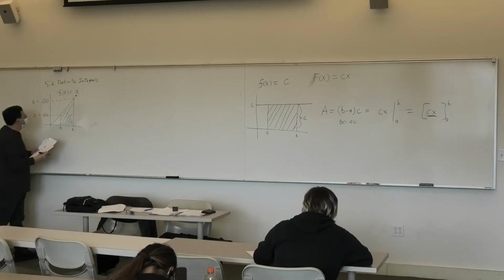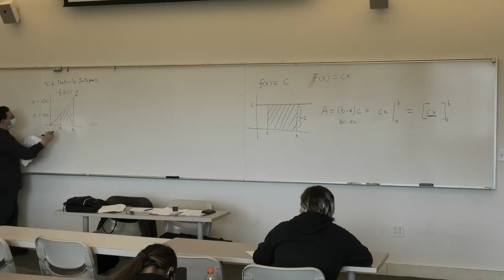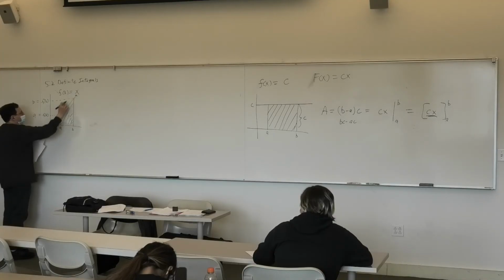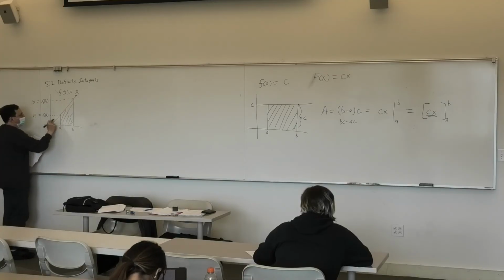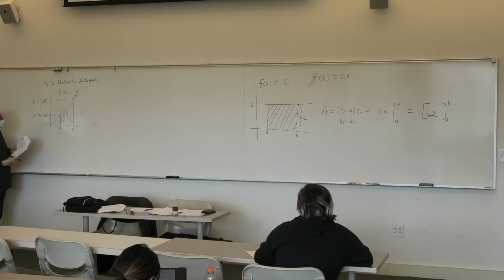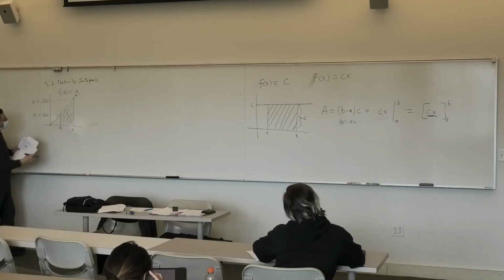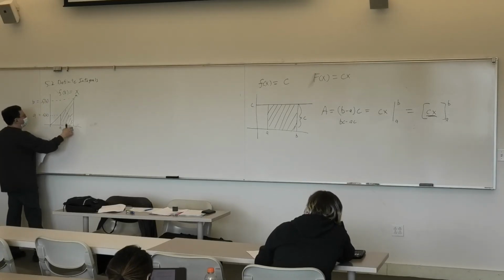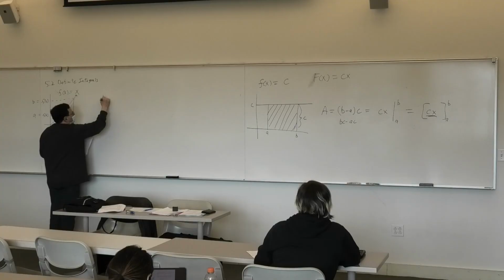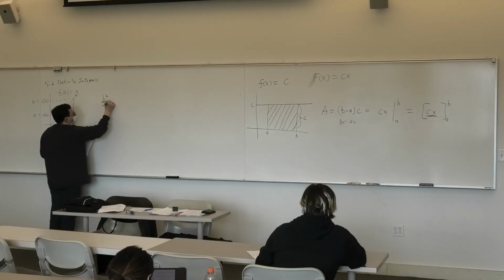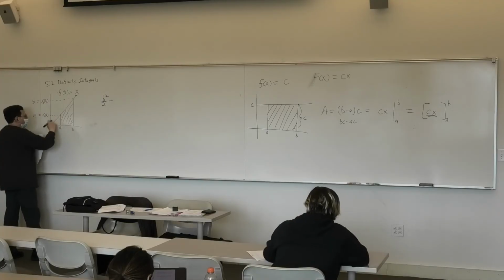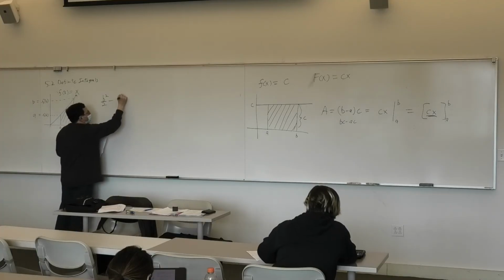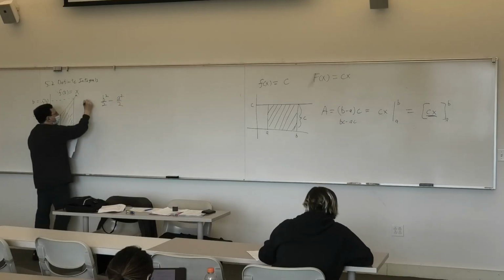Well, we could think of this as this large triangle minus this smaller triangle. So this large triangle has base b, the height is b, so b squared over 2. And the smaller triangle here is, of course, a squared over 2. That's our area.